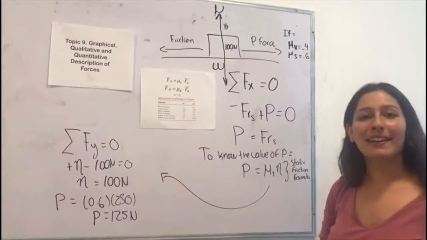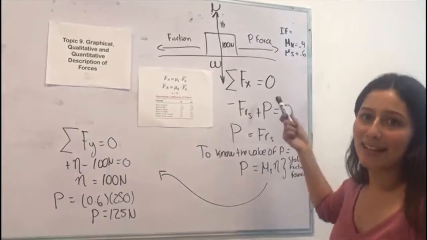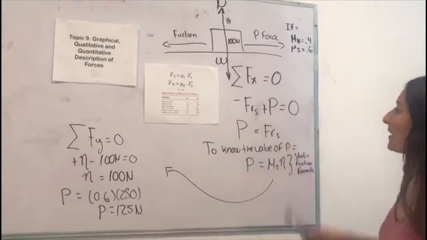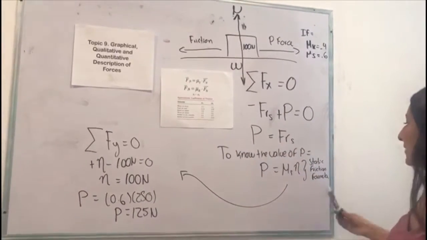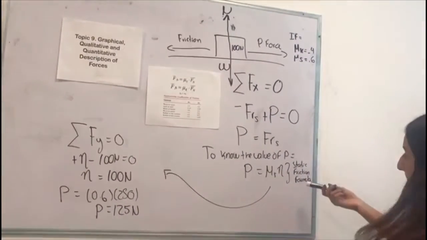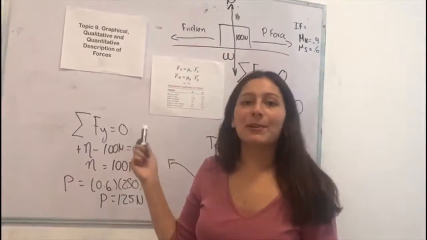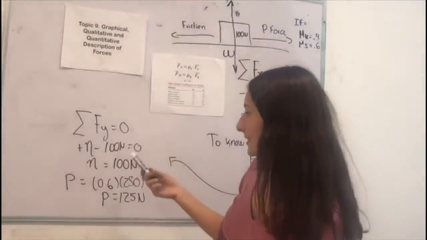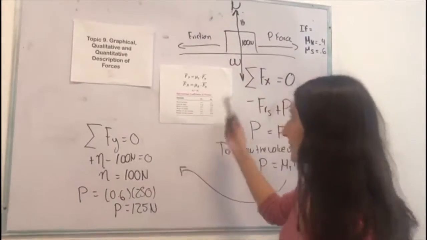To find the P force, we need to say that the sum of forces in the x-axis is equal to 0. Then we clear for P, and we have to use the static friction formula to know the value of P. We can say also that the sum in the y-axis is equal to the normal and the weight of the object.